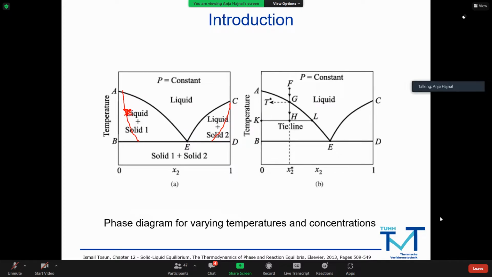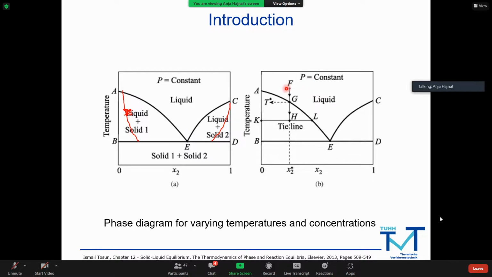Good. Now when it comes to reading such diagrams, it's pretty straightforward, and you can apply the lever rule the same as we've done before with ATPS, for example.